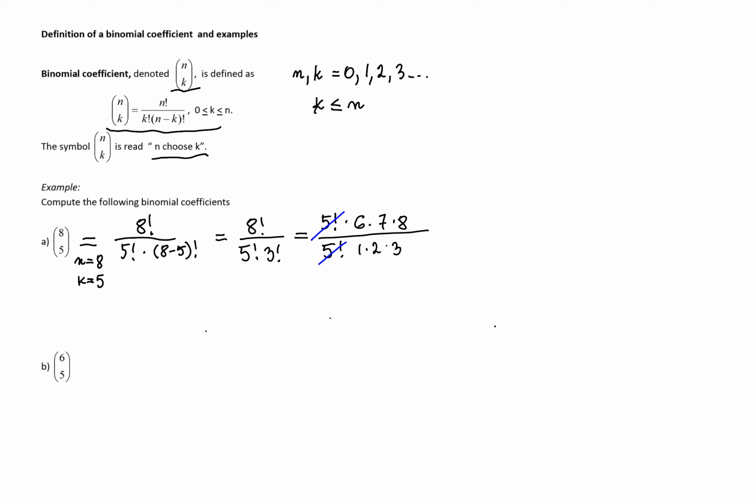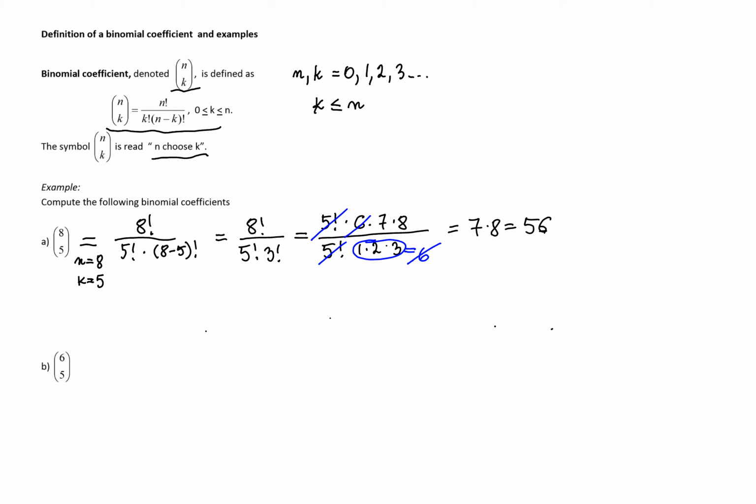So now 5 factorial and 5 factorial can cancel. Now 1 times 2 times 3 is really 6. So 6 in the denominator will cancel with the 6 in the numerator, and we'll just get 7 times 8, which is 56.